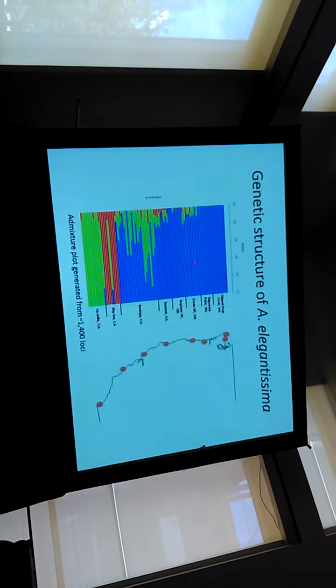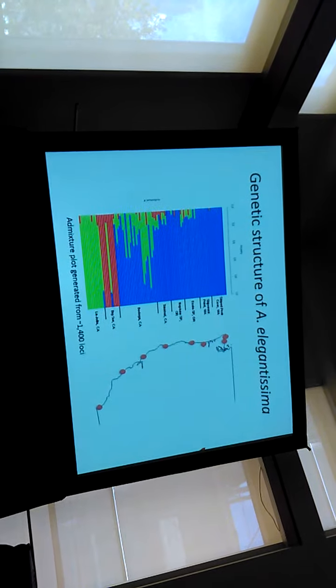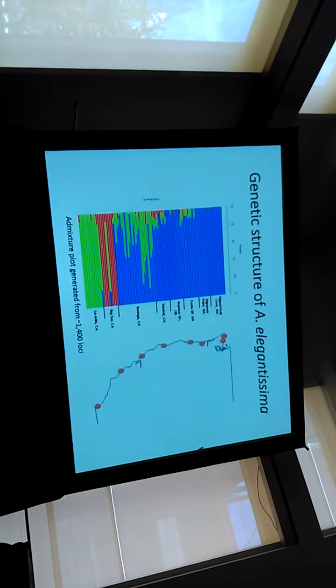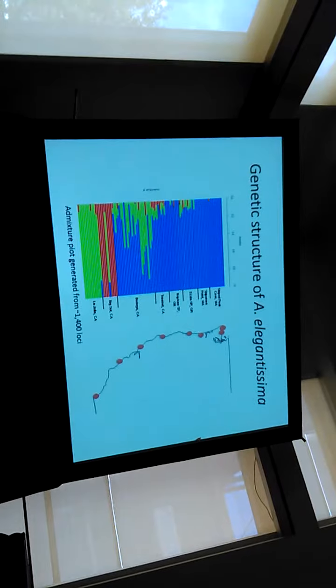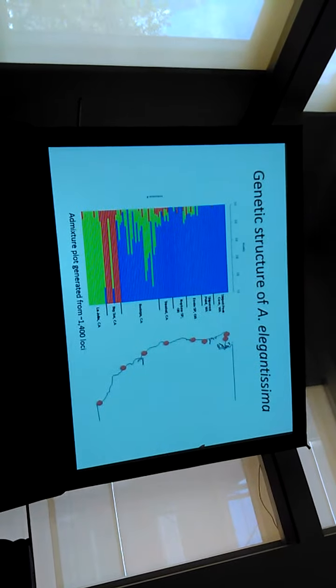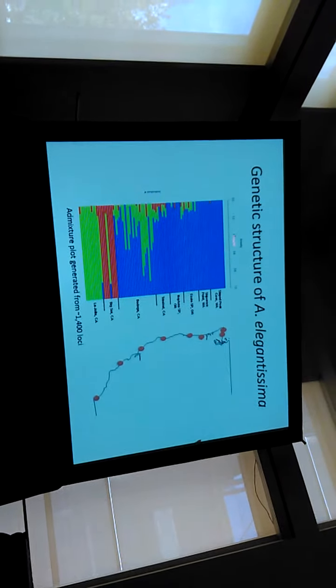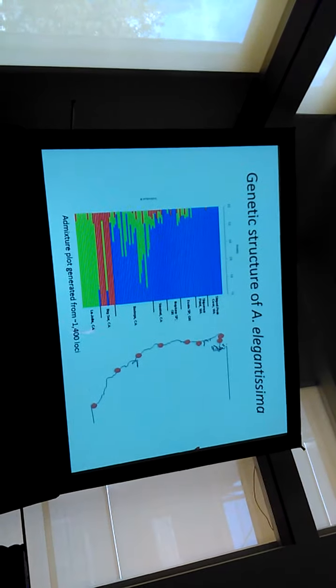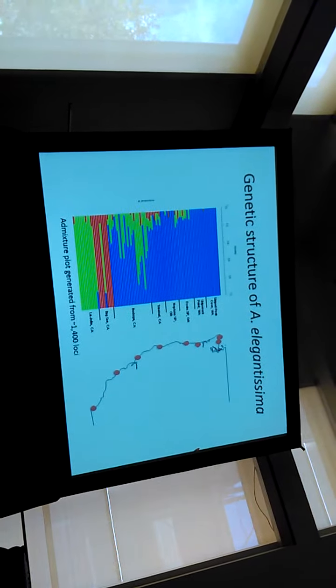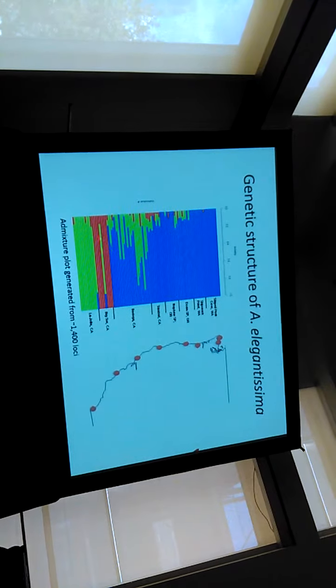So this is an admixture plot where each horizontal bar represents a single individual, and what admixture tries to do is predict the proportion of their genome that is made up of, in this case, each of 3 populations. And so what we see is this northern blue population that tends to fall out, the southern population in La Jolla that's green, and then we have this isolated Big Sur population.